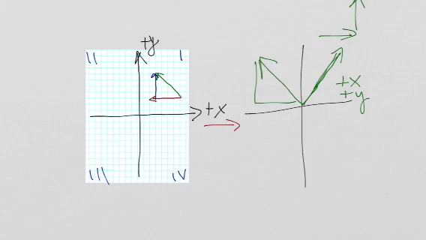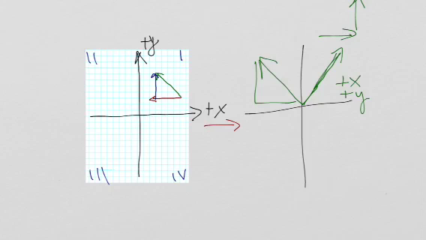And in every one of those spots, it still has the same components. When we're talking about vectors on a Cartesian plane like this, and you will get questions like this, you have to forget what the positive x, positive y, negative x, negative y behavior is, and look at the direction of the arrows.